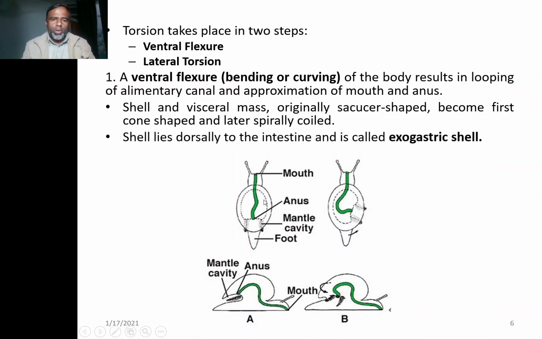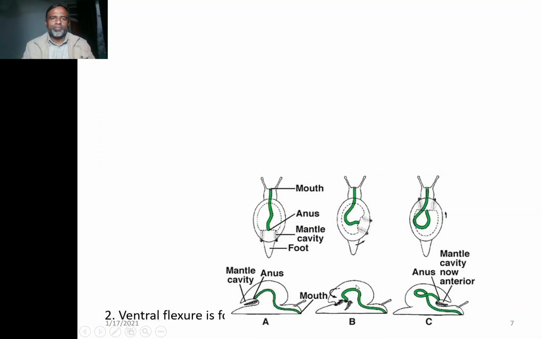Now you can look that prior to this, the shell was present at this very position, but due to torsion, the shell has taken the position on the dorsal side of the intestine, so it is called exogastric shell.